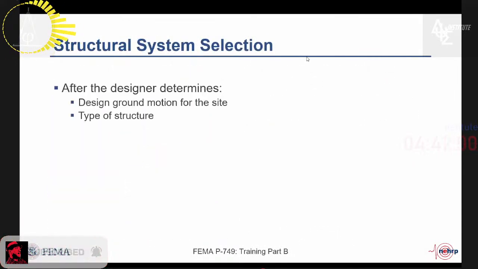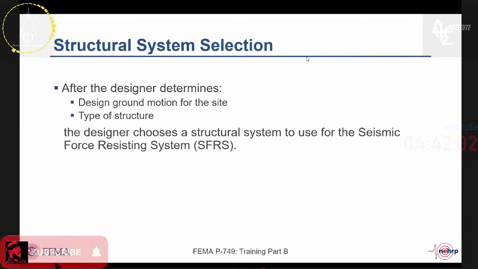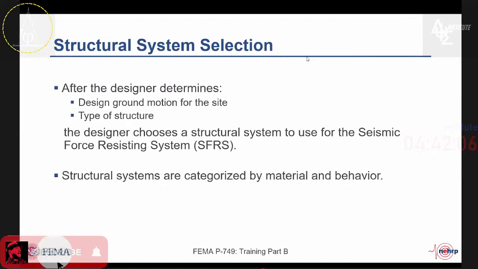After you determine the ground motion for the site and the type of structure, you select the seismic force resisting system. Seismic force resisting systems are categorized by the material type and the behavior. For example, for bearing wall systems, there are timber bearing wall systems, concrete bearing wall systems, masonry bearing wall systems. And these systems can be further categorized as being ordinary, intermediate, or special.